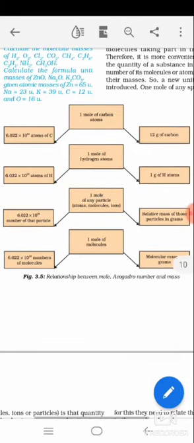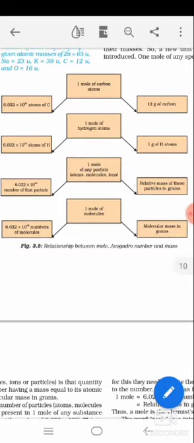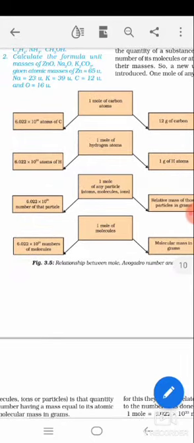Please note the difference. 1 mole of any particle, that may be atom, molecule, ions, anything, is this number 6.022 × 10^23 of that particle, and the mass will be their relative masses.